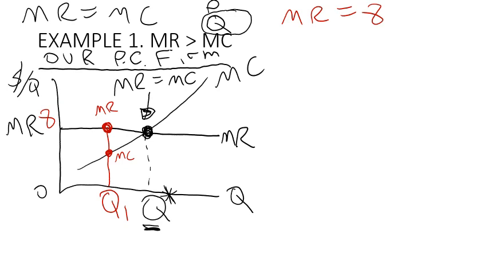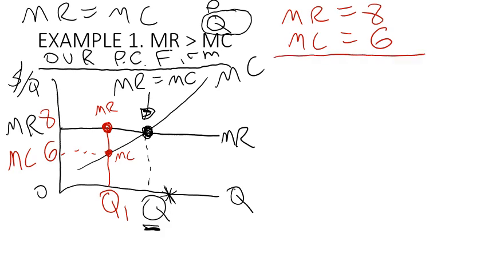And MC, well, I don't know, I'm just making these numbers up. Let's say MC is $6. Okay, so MR, $8, is greater than MC, $6. All right. Now, let me phrase a question here.